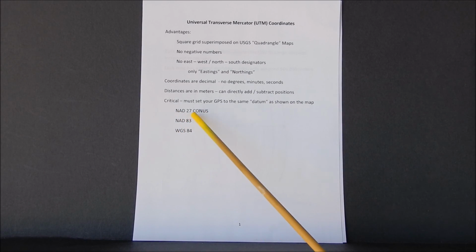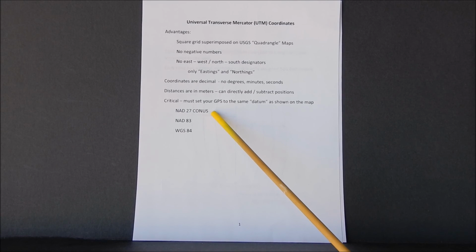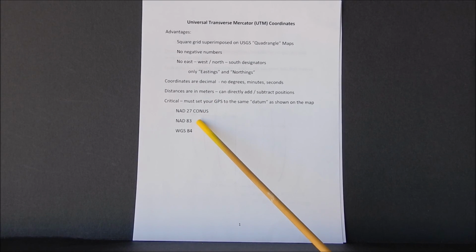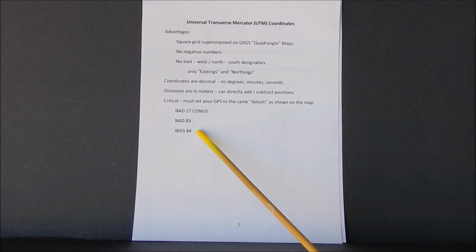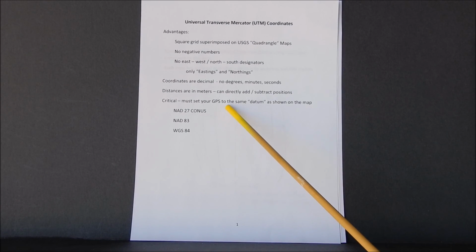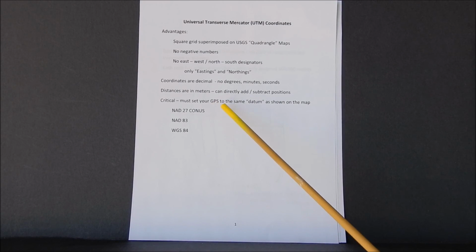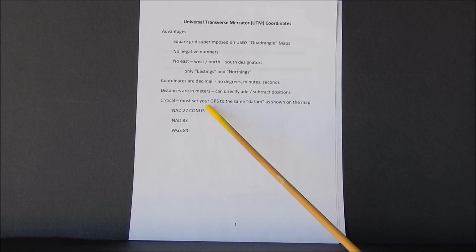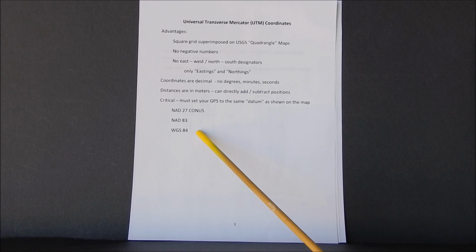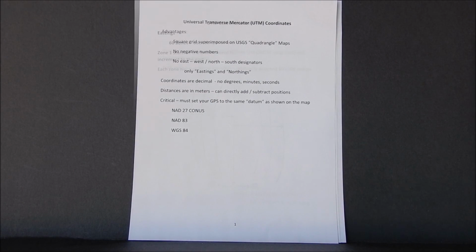It'll be either NAD 27, and on a Garmin GPS this one is marked NAD 27 CONUS, or it might be NAD 83, or it might be WGS 84, one of those three. So it's very important. If you're using a GPS and a map together, you have to set your GPS to the same datum, and it'll be shown in the lower left-hand corner of the map.